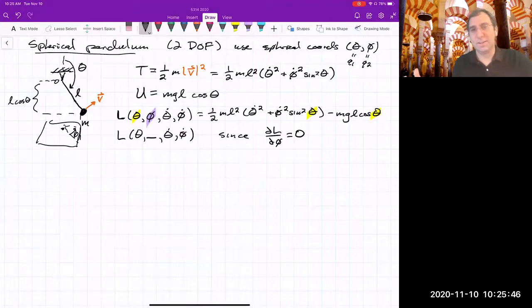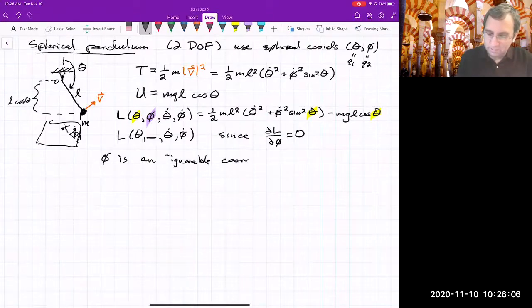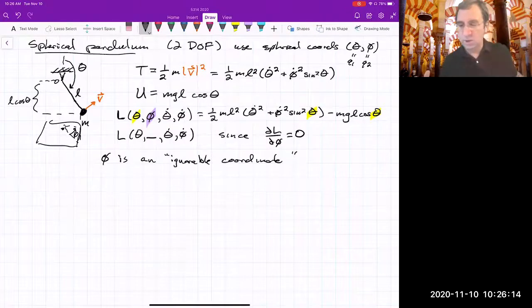And you might go, why? It's not, what are we going to do, not pay attention to it? Well, this has specific meaning. Because phi doesn't appear in the Lagrangian, it is an ignorable coordinate. And what does that mean? Since this has two generalized coordinates, there would be two Lagrange equations.